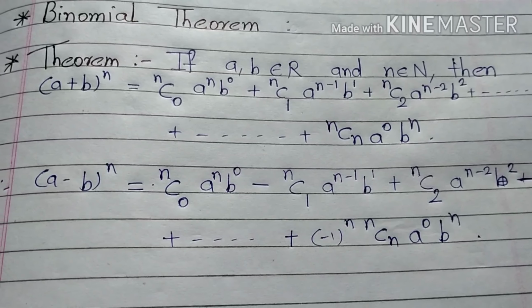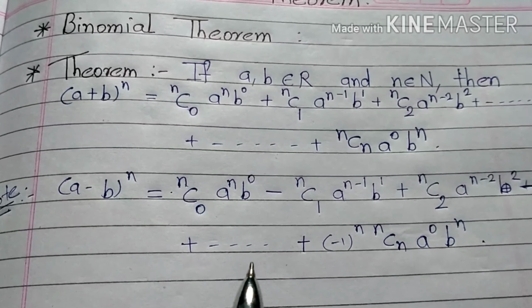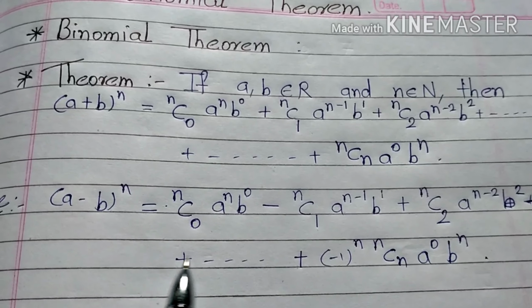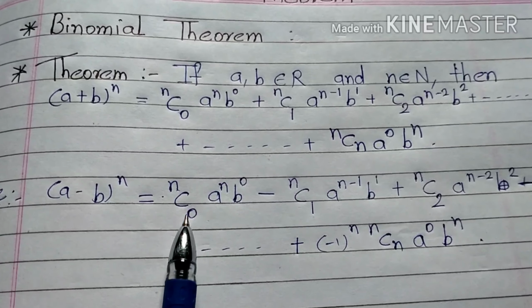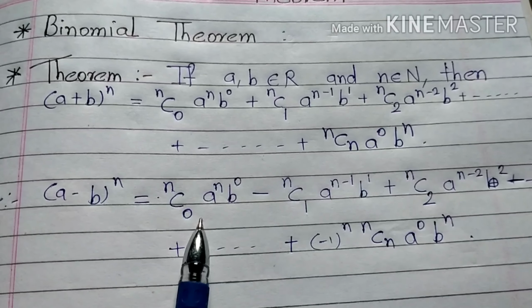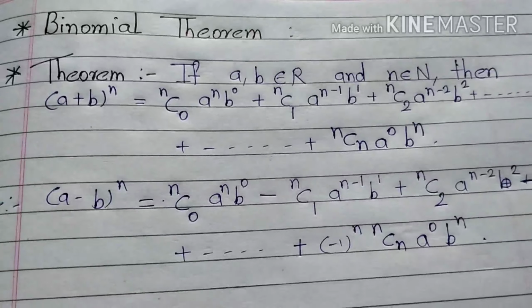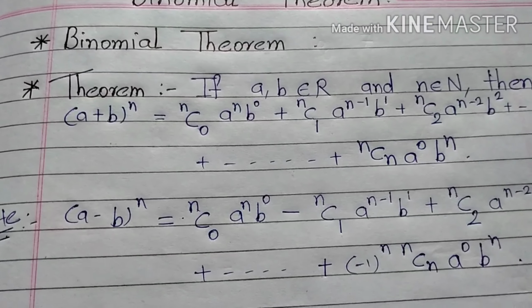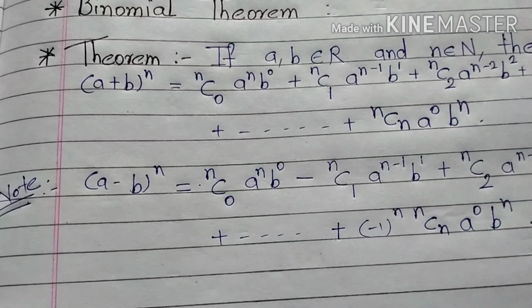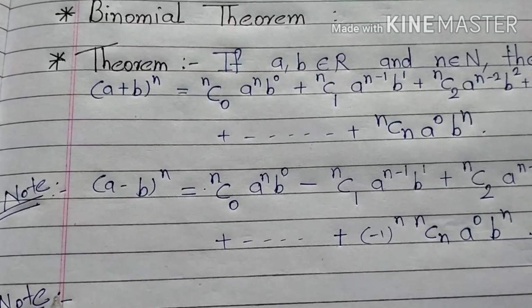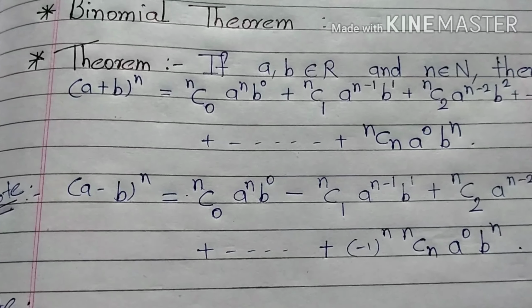Now there are some rules related to this nC0, nC1. This nCr means combination, and we already studied about that in chapter 3, permutation and combination. So I will give you some important rules or formulas of combination. Here one note, we already discussed in chapter 3.